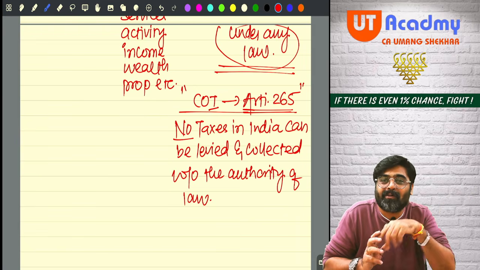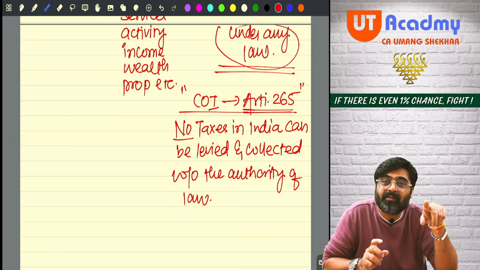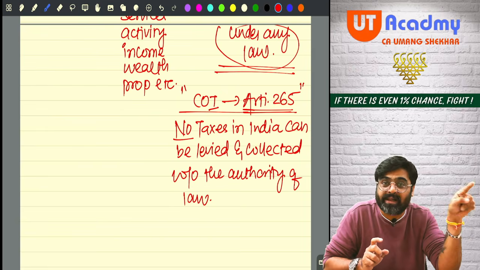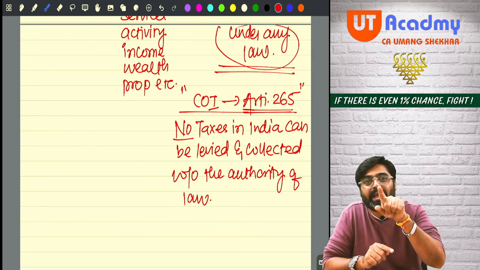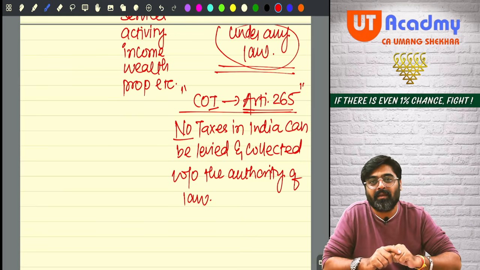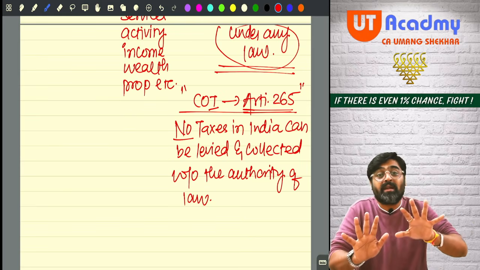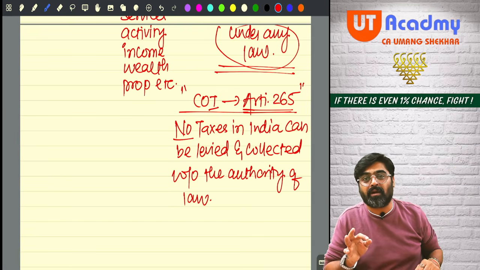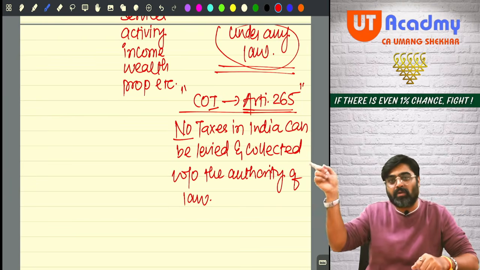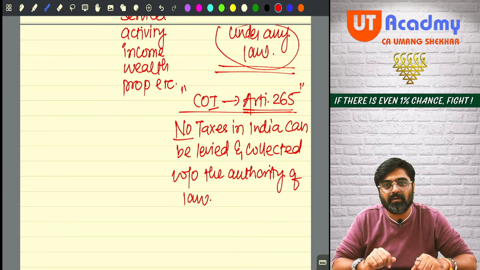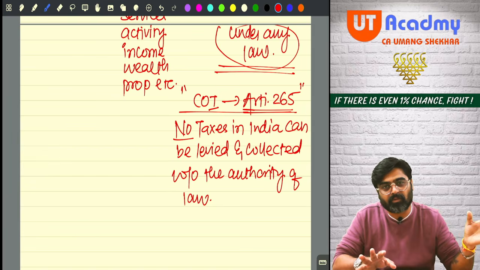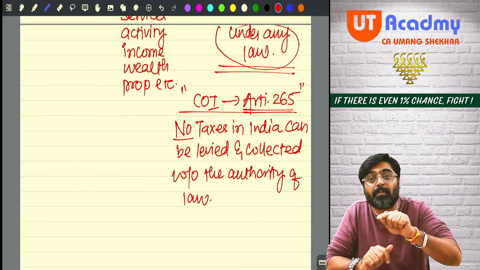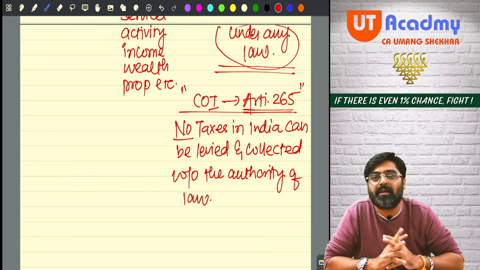Now what will the retailer do? The retailer will take that 150 plus some extra tax on his value addition from the final consumer. So ultimately the entire tax burden goes to the final consumer. But the final consumer is never made liable to pay tax. The government does not go directly to that consumer, or the consumer does not directly go to the government to pay that tax. But ultimately that tax from the pocket of the consumer only goes to the government, because he is the person ultimately bearing that burden.